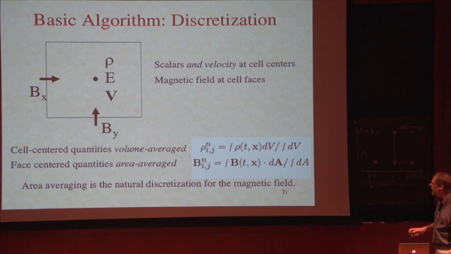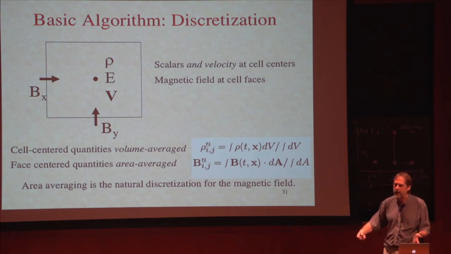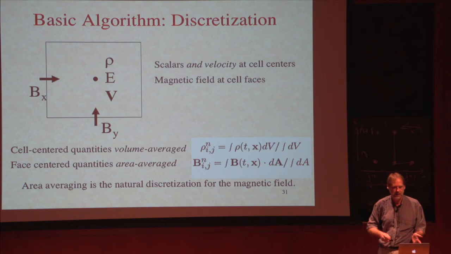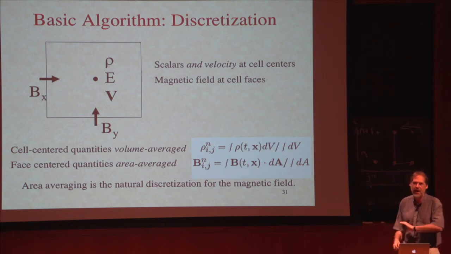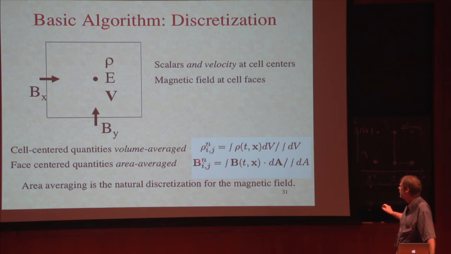And so you don't want to use Gauss's law, you don't want to integrate over a volume and compute a flux, you want to use Stokes' law. You want to integrate over an area and have a line integral around the edge. That tells you, just from the mathematics of the equations alone, that magnetic fields should be area average quantities, integrated over an area divided by the area.